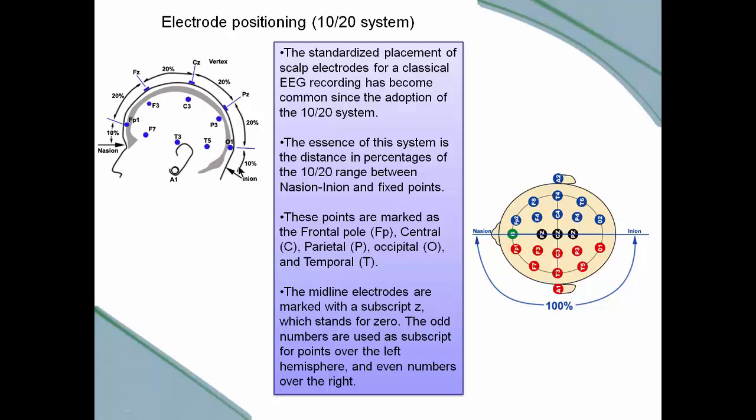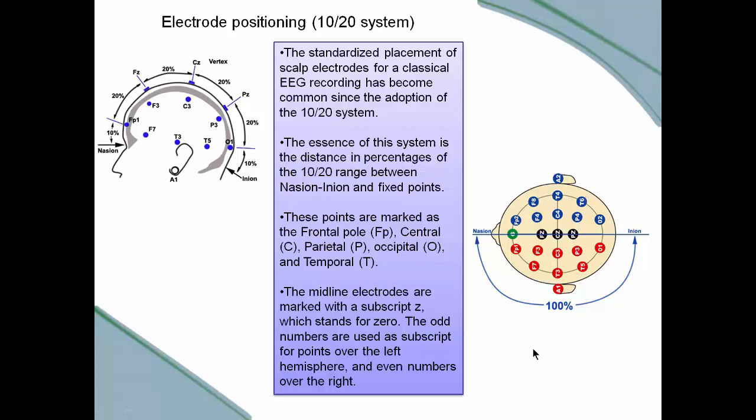So that distance needs to be covered. So you go nasion, 10% up, okay, first electrode, then 20%, 20%, 20%, 20%, 10%. That's why it's called the 10-20 system. Then the points are marked relative to the lobes to which they are associated.